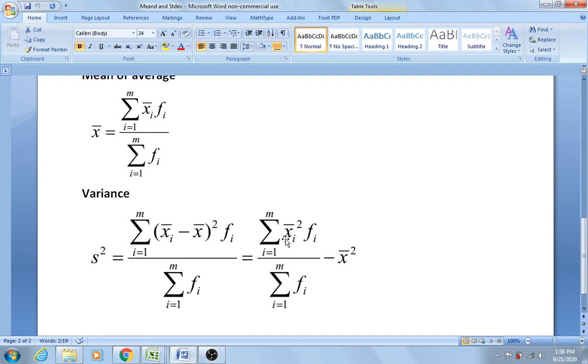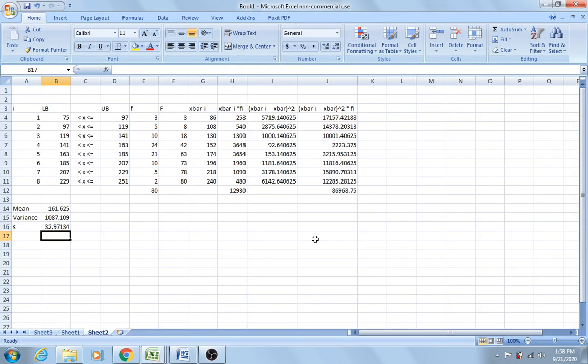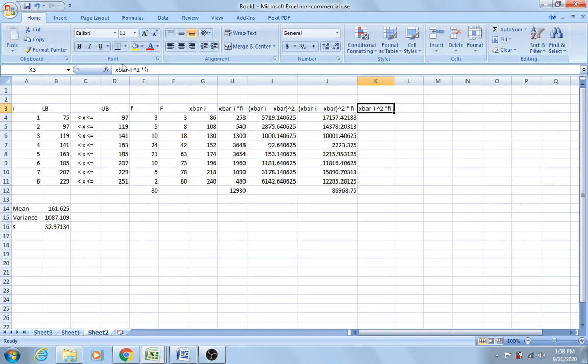So middle point, square it, and times the frequency. So it should be x bar I square times the frequency, small f.